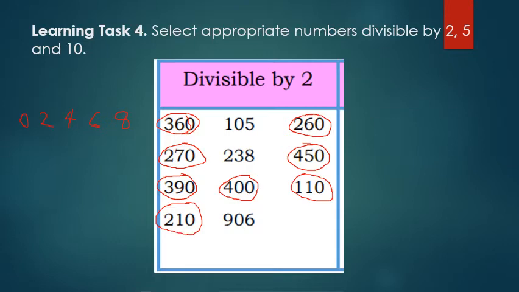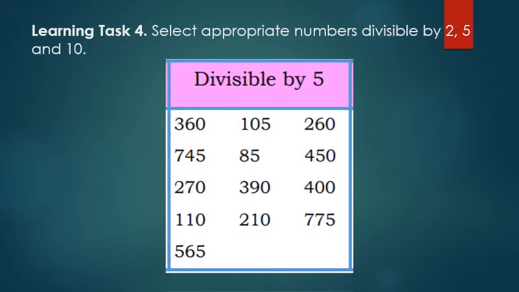Okay na tayo dito na nagtatapos sa 0. Sa 2, may nagtatapos po ba sa 2 dito sa tatlong natitira? Wala po. Sa 4, wala din po. Sa 6, ayun, meron, 906. Nagtatapos na siya sa 6. Sa 8, meron po ba nagtatapos sa 8 dun sa dalawang natitira? Meron po yung 238. Yan pong mga numbers na yan ay divisible sa 2.